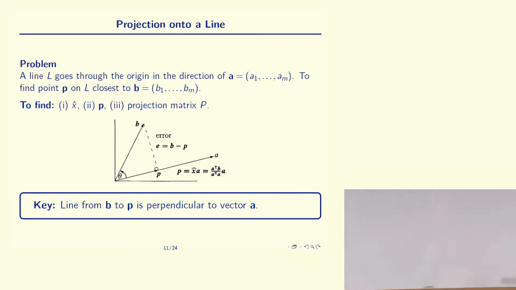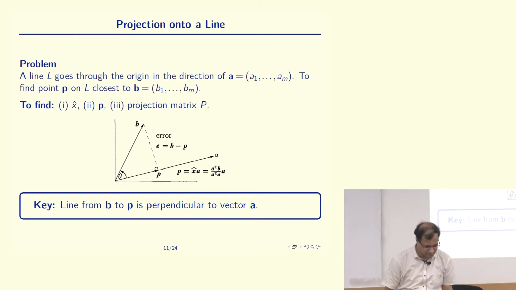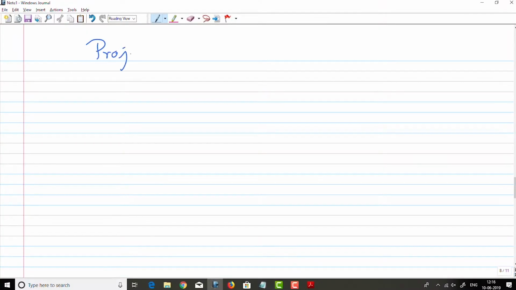So let us write it as projection onto a line. This is the origin, this is the B vector, and this is the line A, another vector. We want to find the projection of B onto this line A. That means we have to find the line which is orthogonal to this.